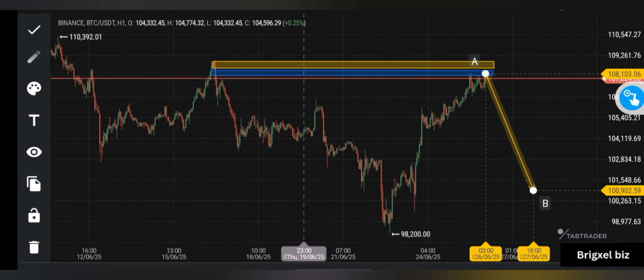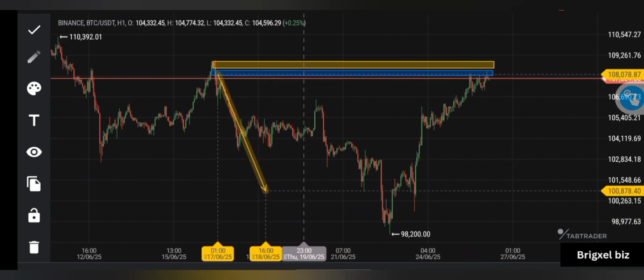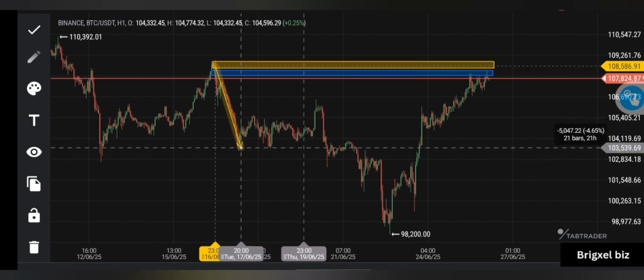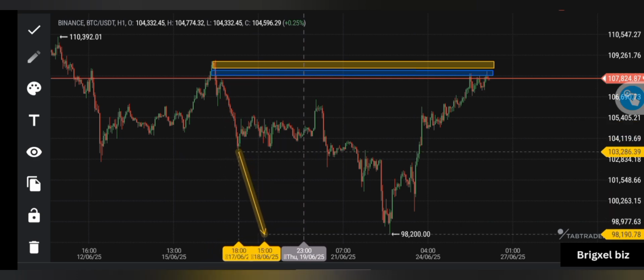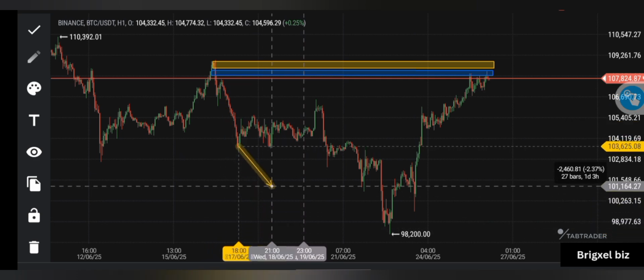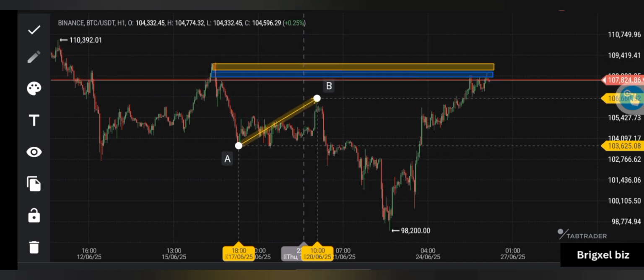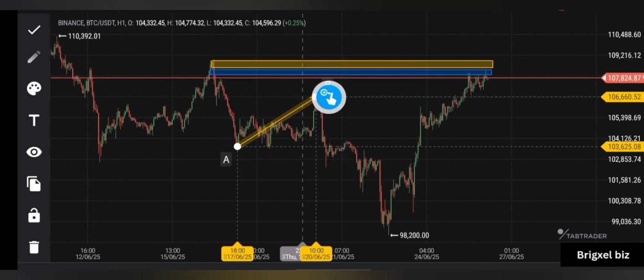So let me show you the market structure of what is going on here. We have the market push from that key zone to this low right here, and from there we had the market retrace, creating this inducement to this level. So we had liquidity pile up around this region.